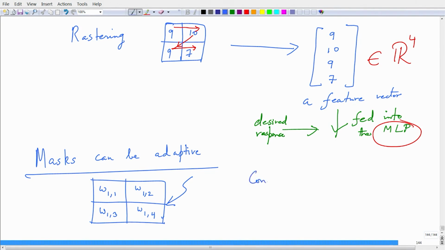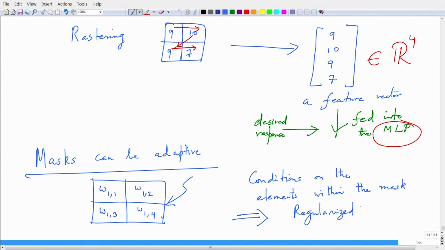I can have conditions on the elements within the mask, and this can lead to a regularized network for learning the input output mappings.